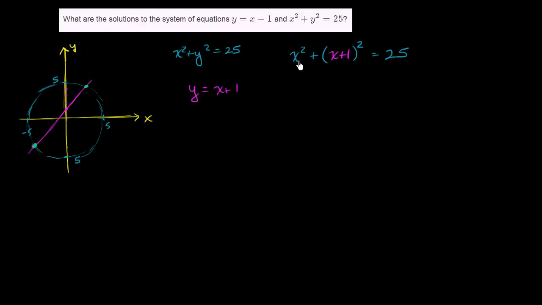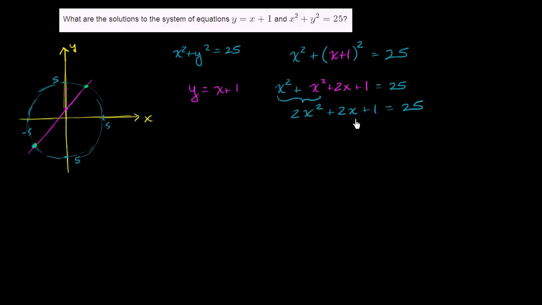And now we can attempt to solve for x. So we get x squared plus, now we square this, I'm going to write it in magenta, we'll get x squared plus 2x plus 1, and that must be equal to 25. We have 2x squared, now I'm just combining these two terms, 2x squared plus 2x plus 1 is equal to 25.